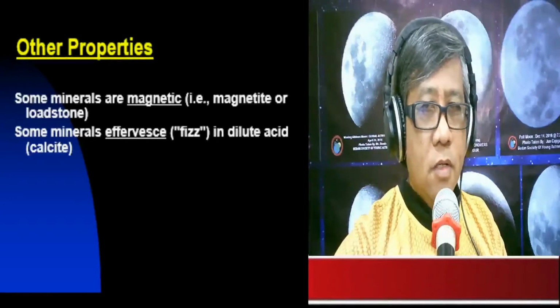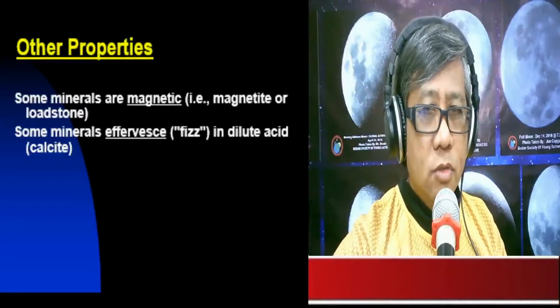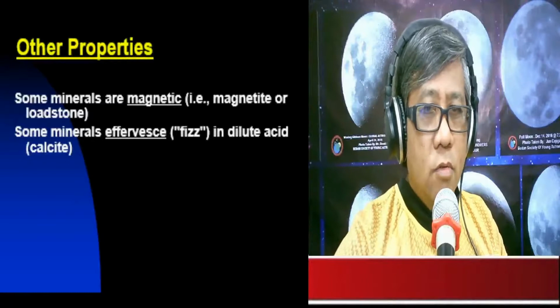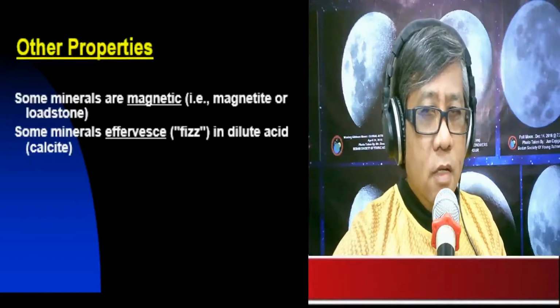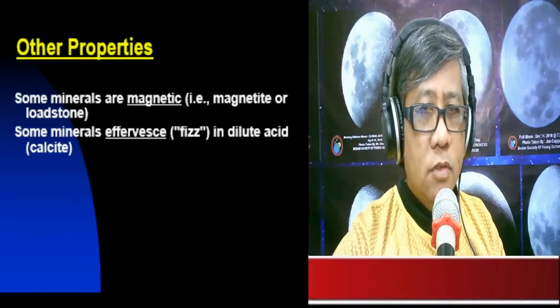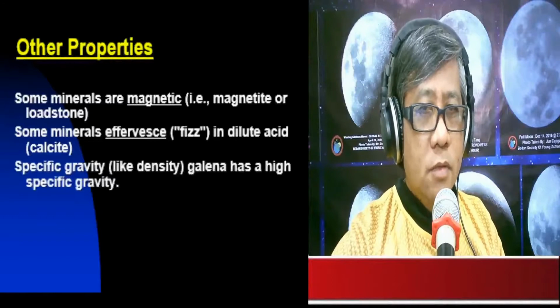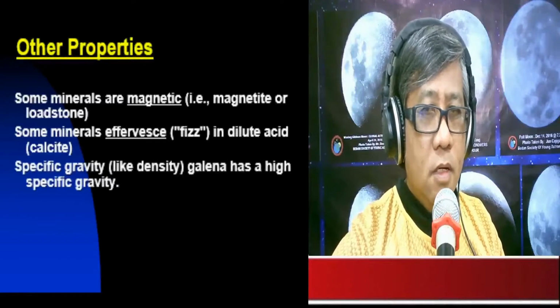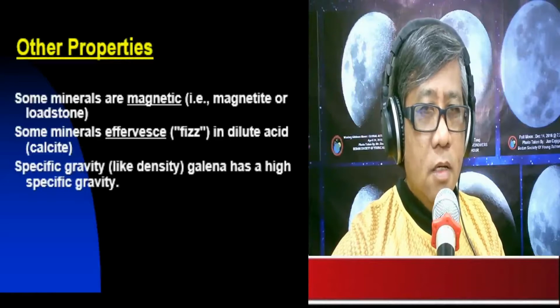So, when calcite is placed in a dilute acid solution, it bubbles or fizzes. And also, mineralogists consider the specific gravity like density of minerals such as galena. Galena has a high specific gravity.